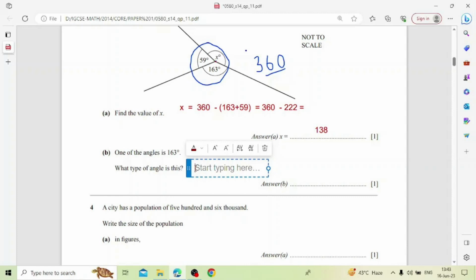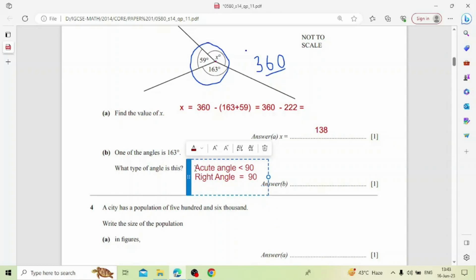If it's less than 90, that's called an acute angle, which is always less than 90. When it's exactly 90, that's called a right angle. That's equal to 90 measurement.